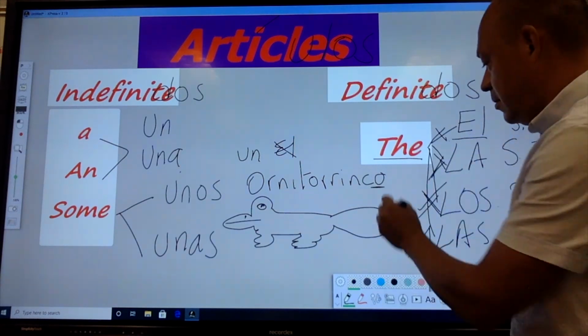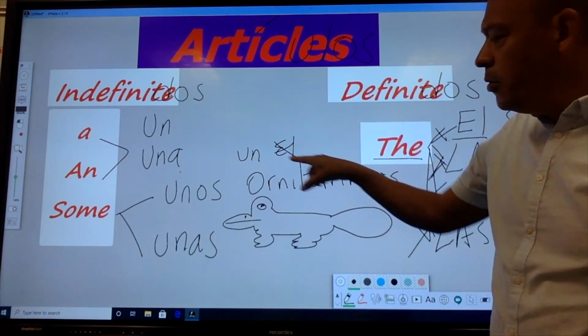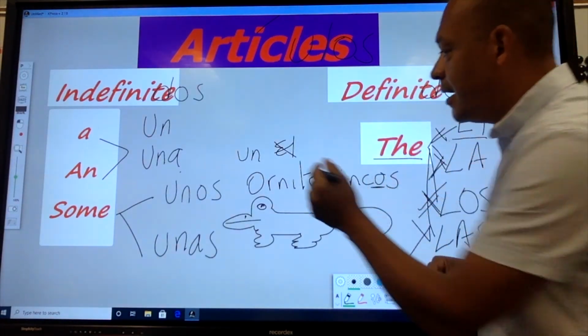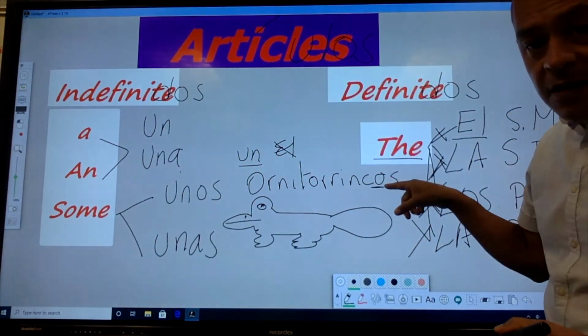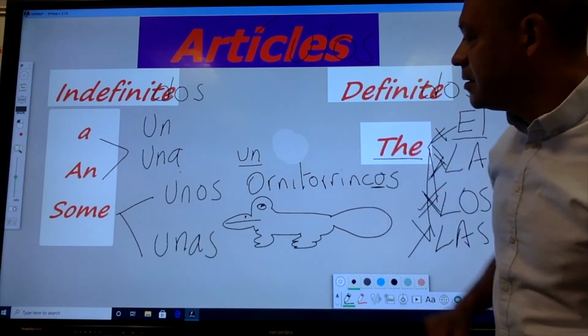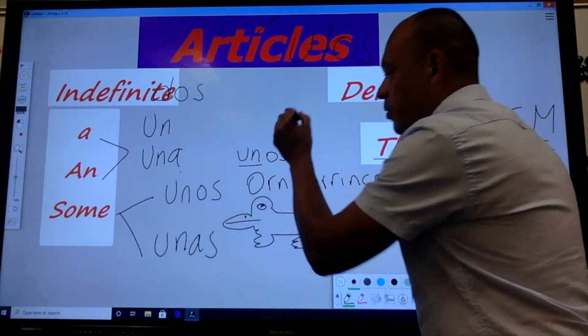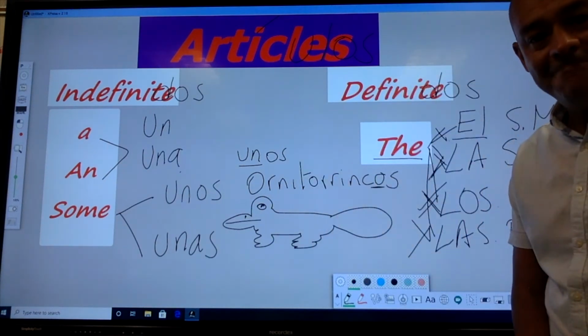Let's make a plural, ornitorrincos. Un ornitorrincos is not agreeing. It is incorrect. I gotta make the article agree with the noun. How do I do that? Well, I need the plural and masculine, unos. And that is it.